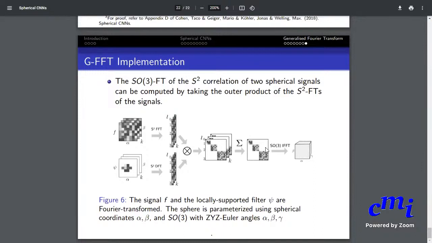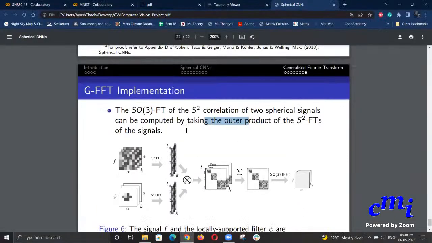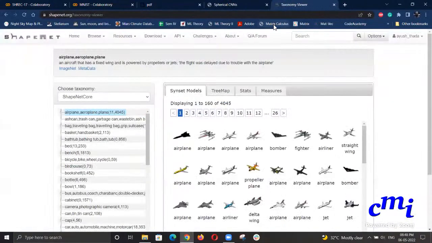Now we'll show you this particular thing for the MNIST data set as well as the other data set. First, let me tell you about the data sets that we have used.